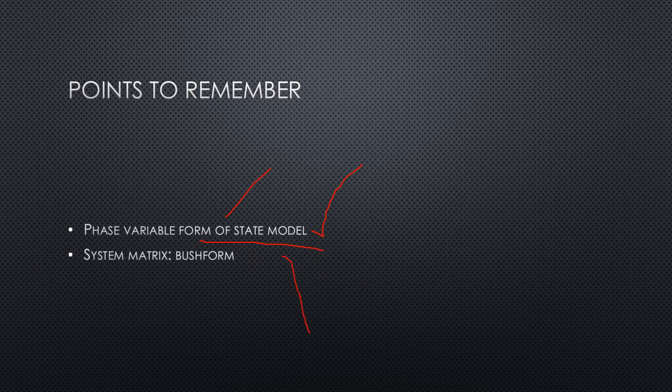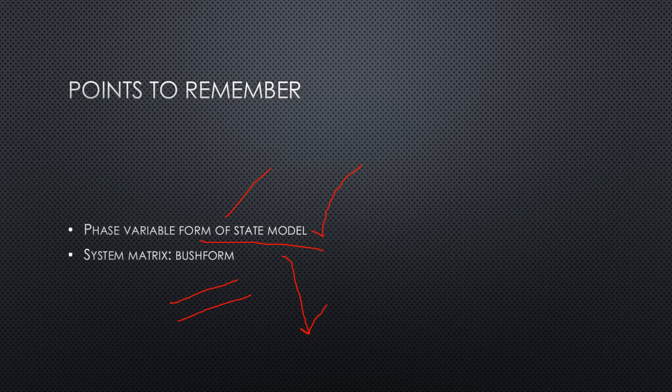We know the state model is the combination of state equation and output equation. If we observe all the state equations in the phase variable form, there is one interesting point about the system matrix: in all the state equations, the system matrix is in Bush form.